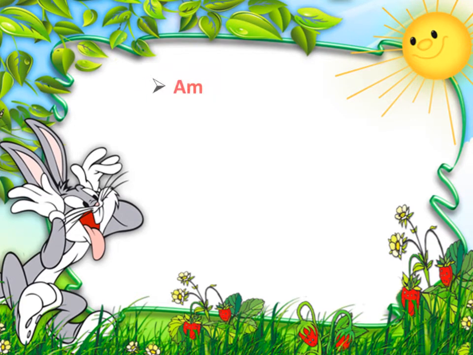Next one is am. It is used with I. So whenever I am talking about myself, मैं अपनी कोई भी कंडीशन बताना चाहती हूँ तो अपनी कंडीशन बताने के लिए एट द प्रेजेंट टाइम जो मेरी कंडीशन है, जो स्टेट है, उसको बताने के लिए मैं आई के साथ एम यूज़ करूँगी. लाइक आई एम सैड, आई एम बिजी, I am happy.